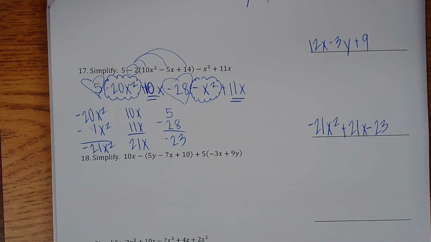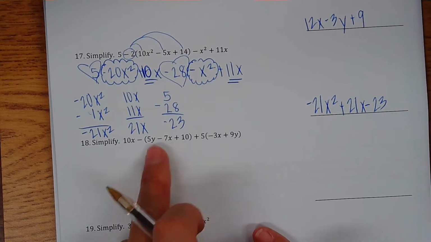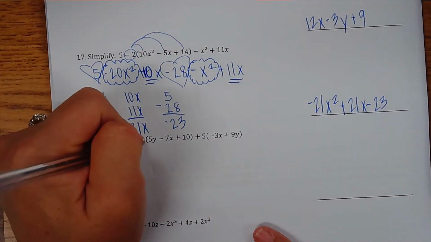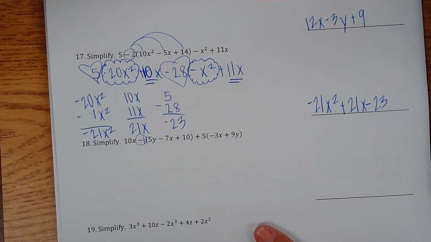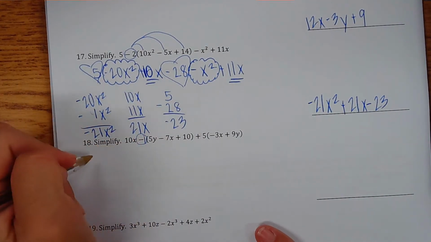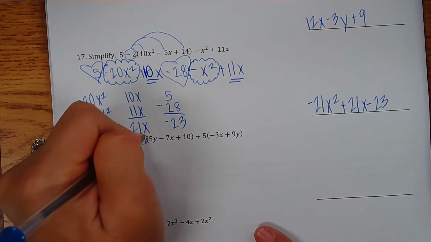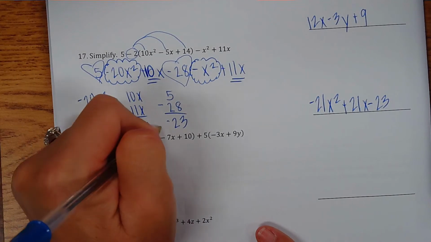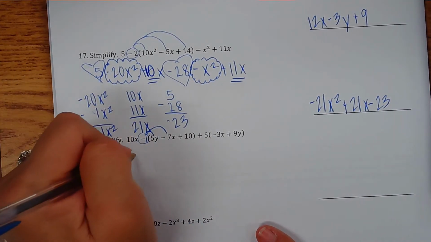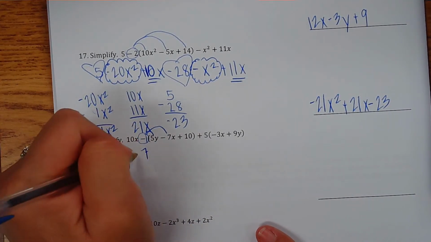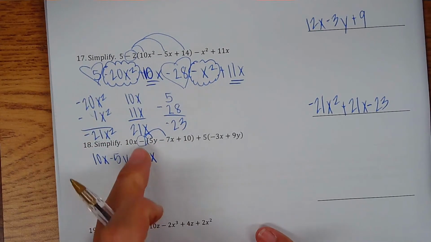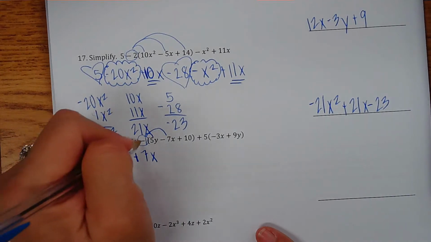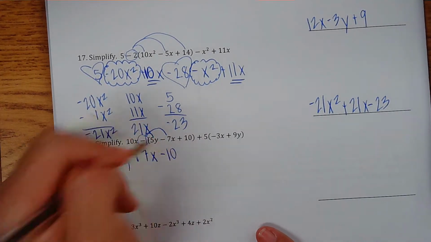Okay, keep moving along. Inside my parentheses, again, I have nothing I can combine. So I'm going to distribute this negative 1 right here. I'm going to end up with a 10x, and I'm going to distribute that to the 5, so minus 5y. Distribute it to the negative 7x, plus 7x, because a negative 1 and a negative 7 is a positive, minus 10.